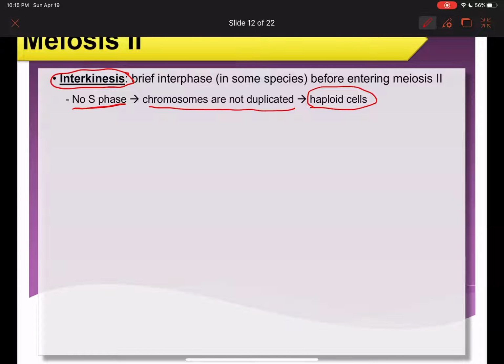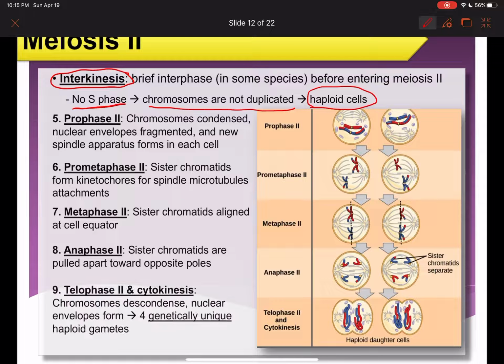As I have already drawn out for you in the previous slide, when I was drawing the difference between mitosis and meiosis. So the events that follow in meiosis 2, prophase 2, metaphase 2, anaphase 2, and telophase 2, are exactly the same as mitosis.